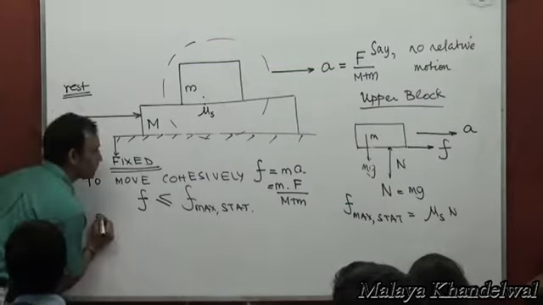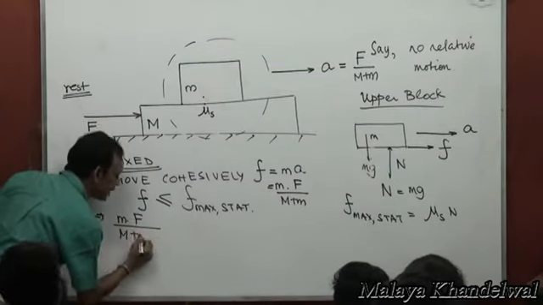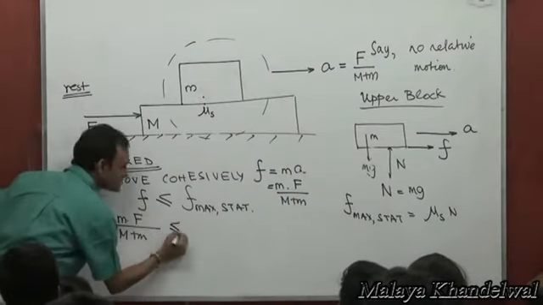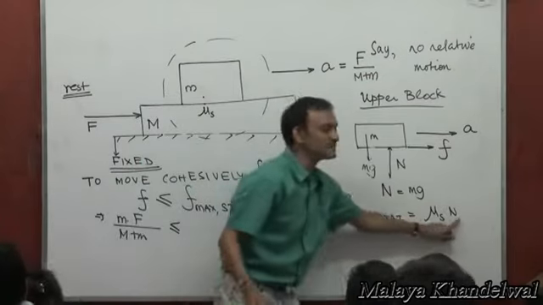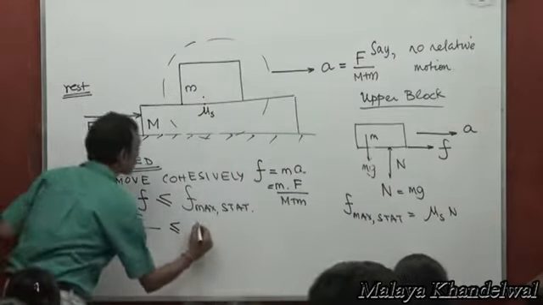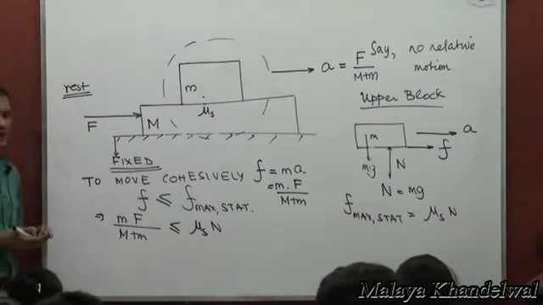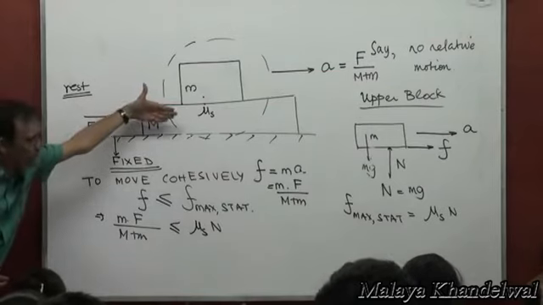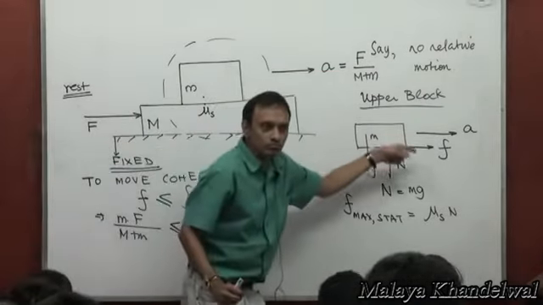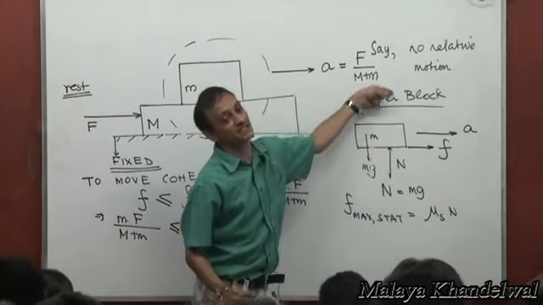So then, m into F by capital M plus small m, that's f, as we've computed, right? That must be less than or equal to mu s into N, where N for this situation is mg, because there is no vertical acceleration.